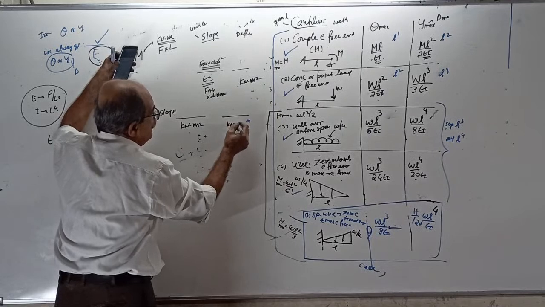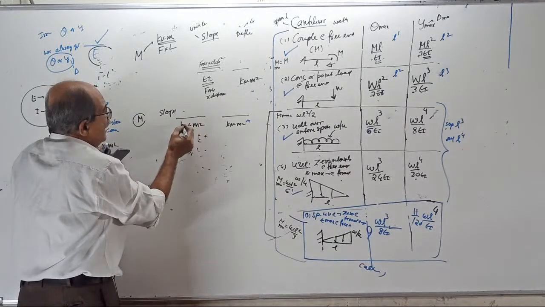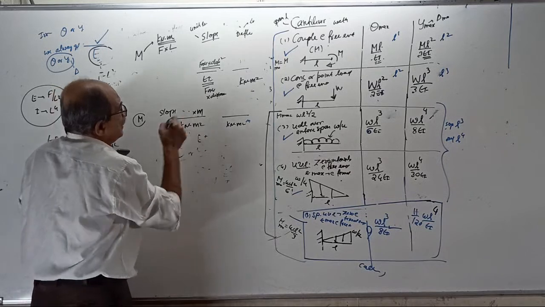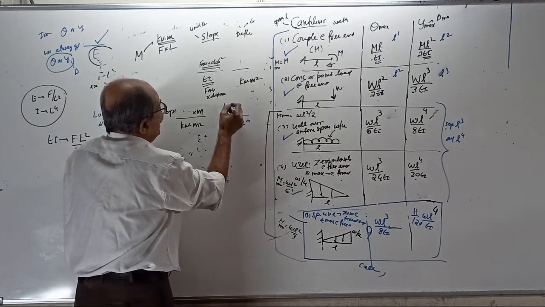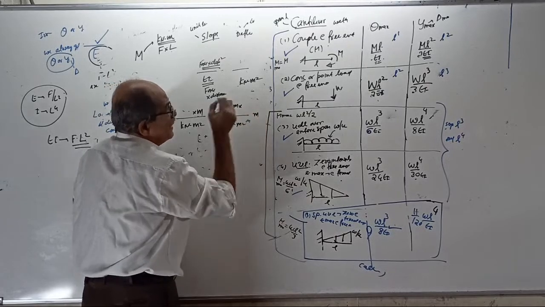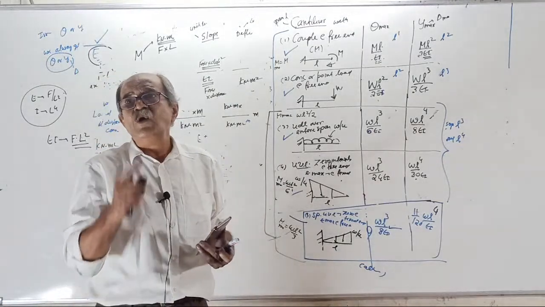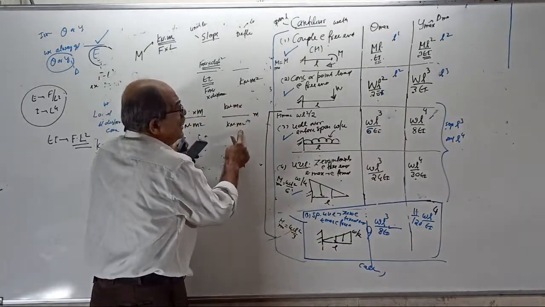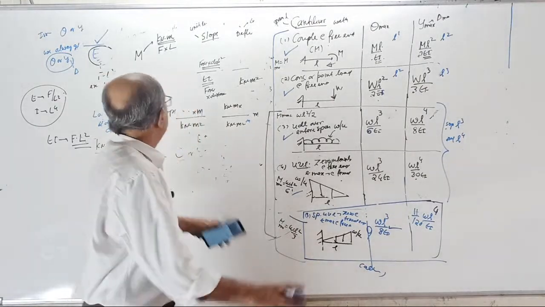For a couple, which is already kilonewton meter, we want the answer in meter. The denominator is kilonewton meter square, so the numerator should be kilonewton meter cube. Why? So that kilonewton meter cube by kilonewton meter square gives meter.